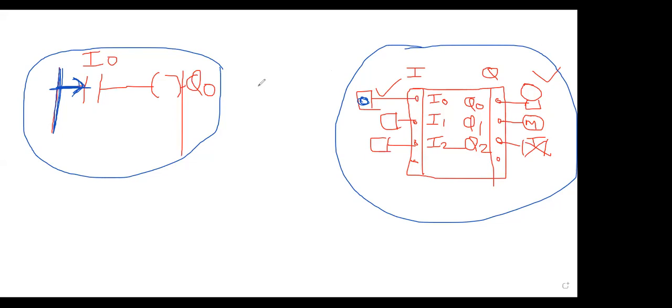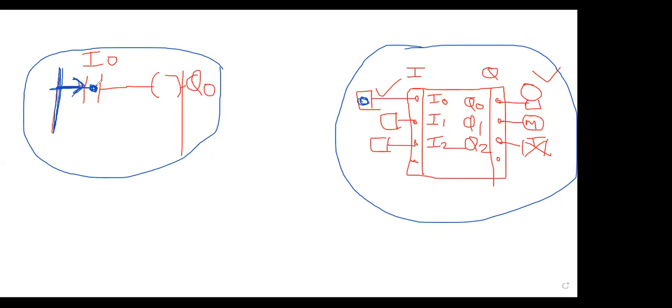So I0 will be on. On your machine, you press this switch, I0 is on. So in your program, wherever you have I0, all I0 will get on. In my program, here is I0. When you press this switch, I0 is high. As this is high, what will happen? Now this will start conducting.